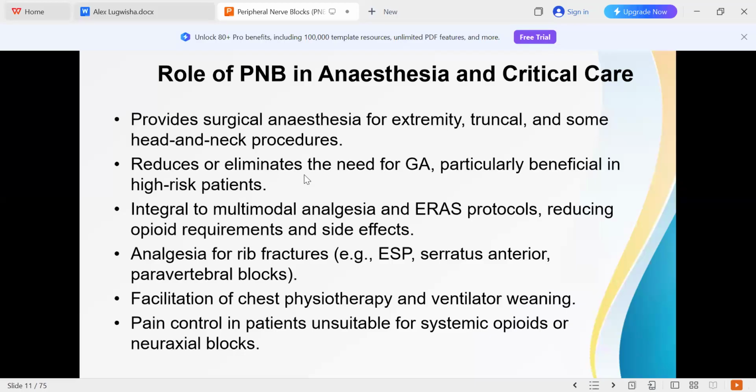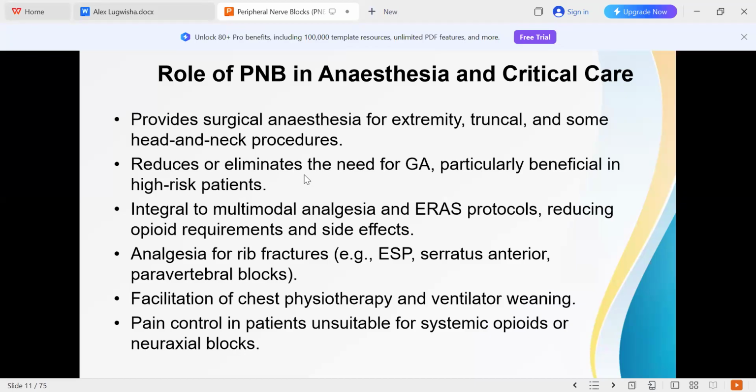They reduce or eliminate the need for general anesthesia, especially in high-risk patients. They are an integral part of multimodal analgesia and enhanced recovery after surgery protocols, which reduce opioid requirements and consequently their side effects. They provide good analgesia for rib fractures and facilitate chest physiotherapy, thereby enhancing early weaning from the ventilator.